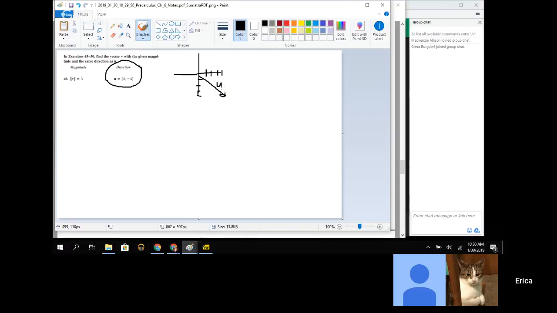So your first instinct might be to just divide your vector u by 3 and just call it a day, right? Unfortunately, we can't quite do that.